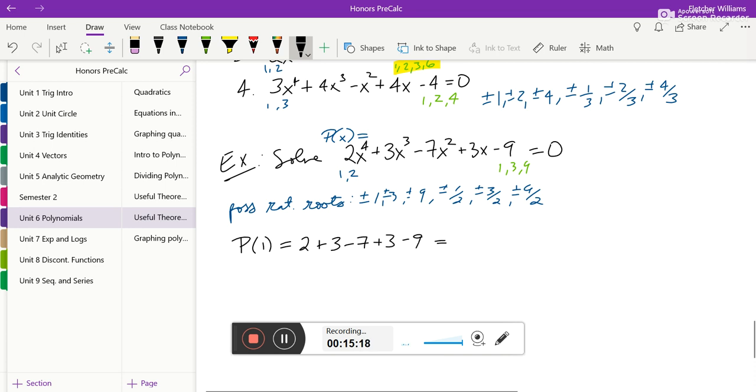That is 5 minus 7 is 2, plus 3 is 1, minus 9 is minus 8. That's not equal to 0, so that means it's not a root. Remember, that is our factor theorem that we talked about last week. If you plug a number in, it has to equal 0 for it to be a root.